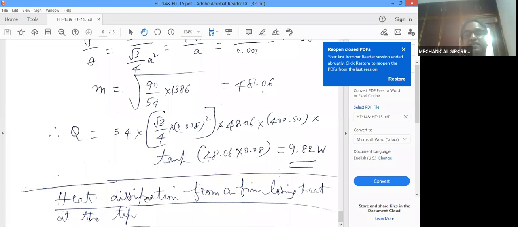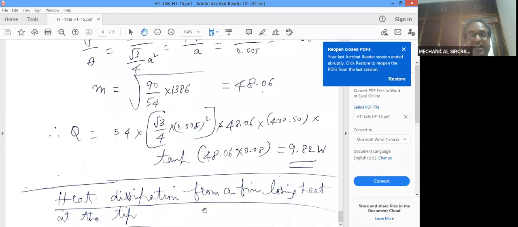Third case, short fin. So that is heat dissipation from fin losing heat at the tip. In the second case, we are not allowing the fin to lose heat through conduction. So what is the second boundary condition for the third case? First boundary condition, at x is equal to 0, T is equal to T naught. That is same for all the three cases.